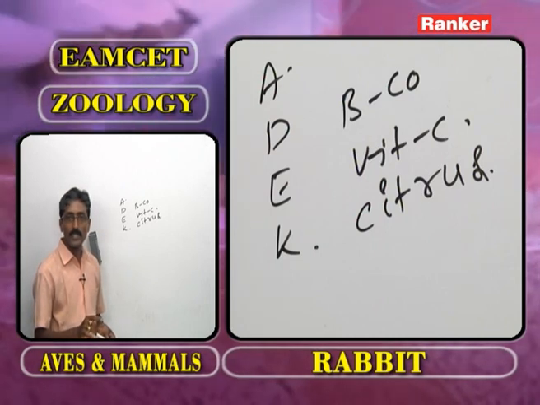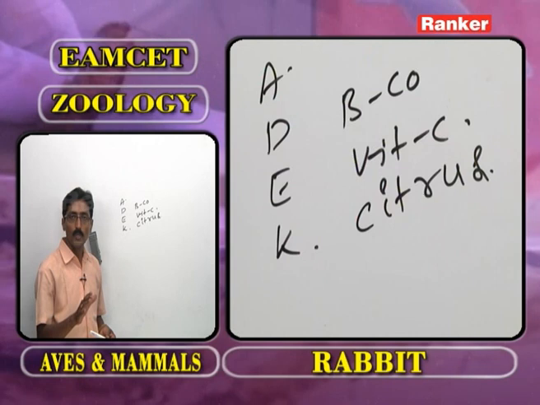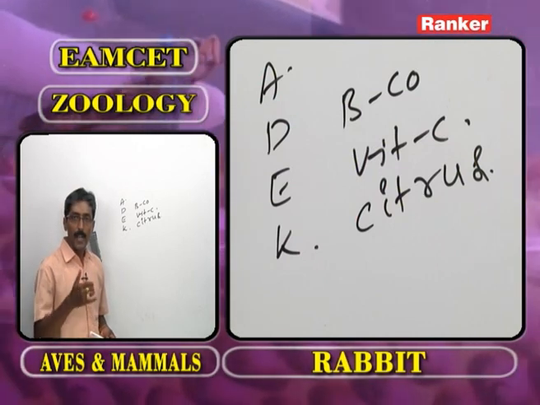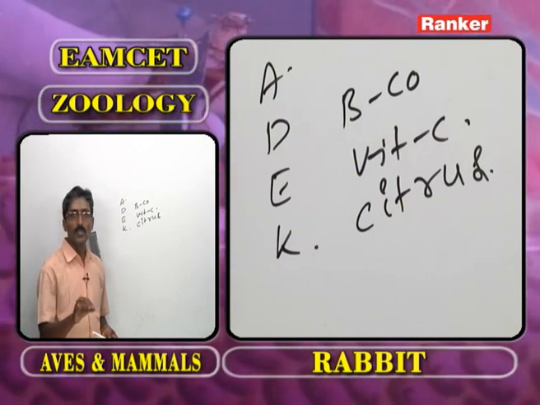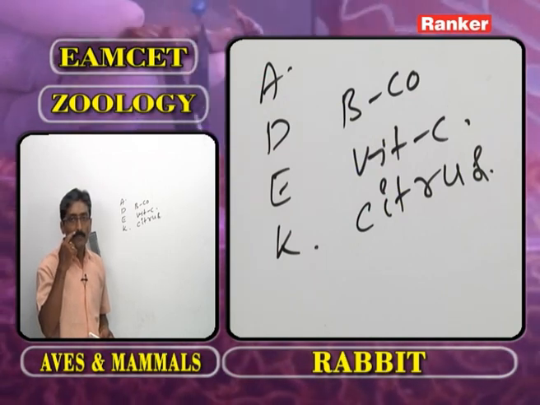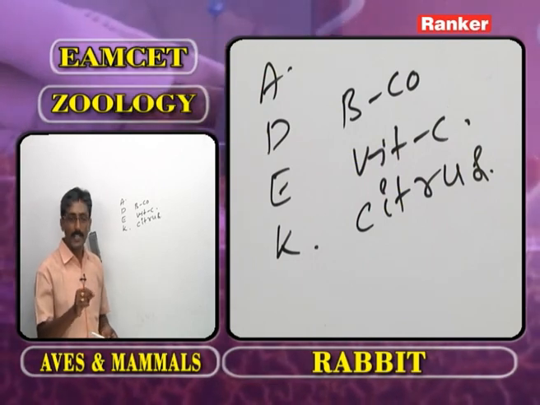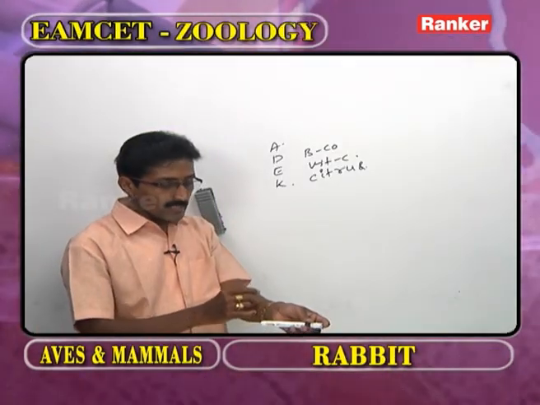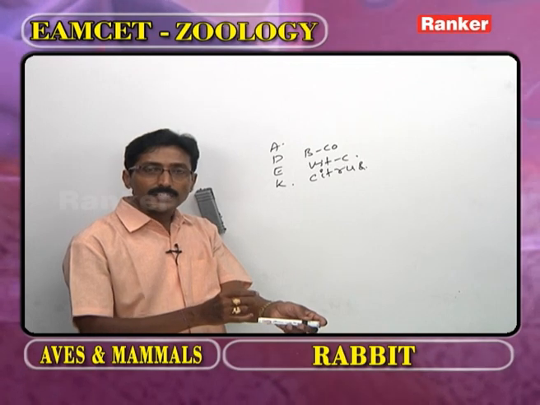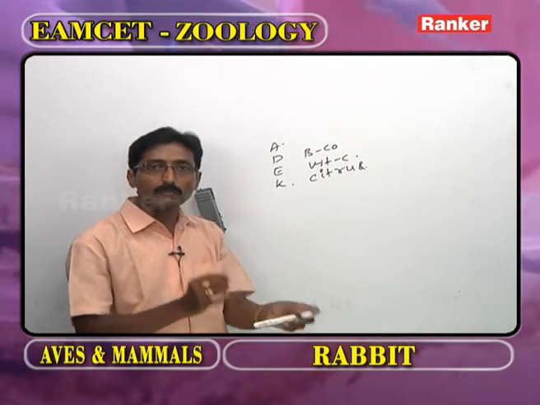Now vitamin C is also called ascorbic acid. Suppose vitamin C is absent in our body, what is going to happen? From the gums we get bleeding and hemorrhage. Easily the skin ruptures, that is called hemorrhage. The hemorrhage leads to bleeding.